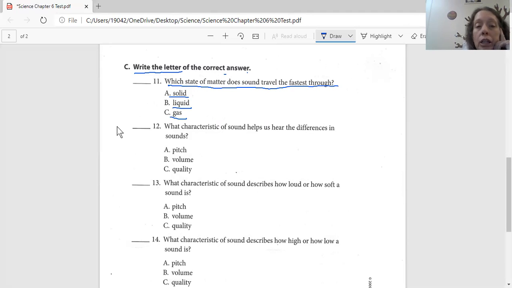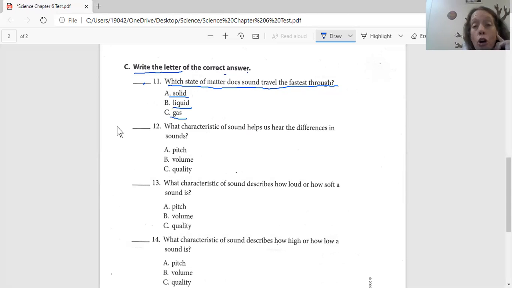Solid, liquid, or gas? If you think sound travels through a solid fast, put A. If you think sound travels through liquid fastest, put a B. If you think it travels fastest through a gas, put C.